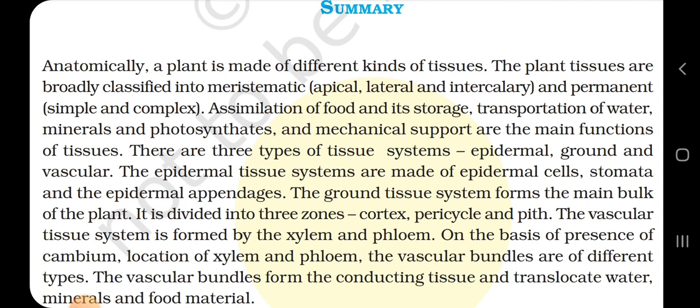The epidermal tissue system is made up of epidermal cells, stomata and epidermal appendages. The ground tissue system forms the main bulk of the plant. It is divided into three zones: cortex, pericycle and pith. The vascular tissue system is formed by the xylem and phloem. On the basis of presence of cambium and location of xylem and phloem, the vascular bundles are of different types. The vascular bundles form the conducting tissue and translocate water, minerals and food material.